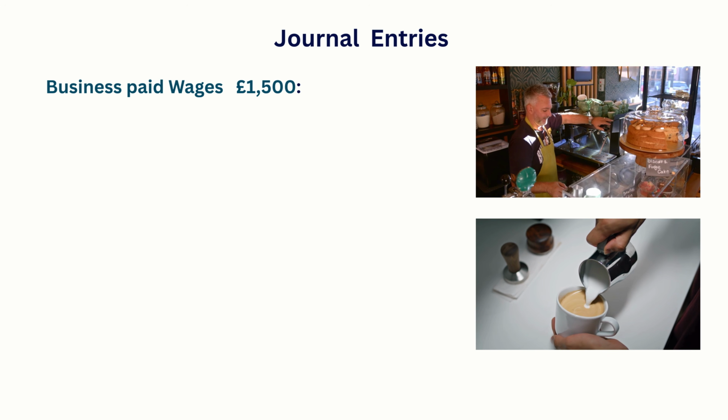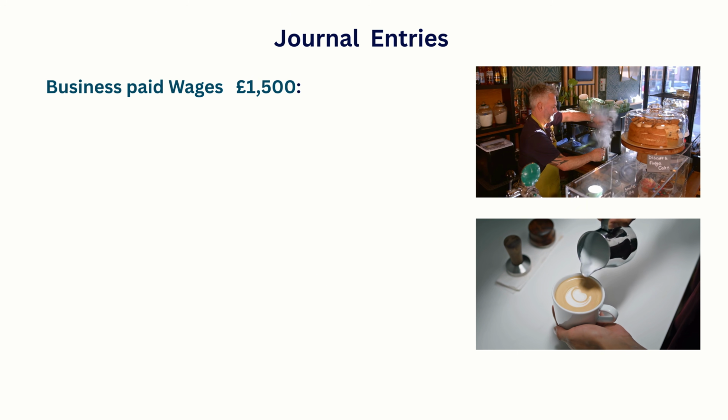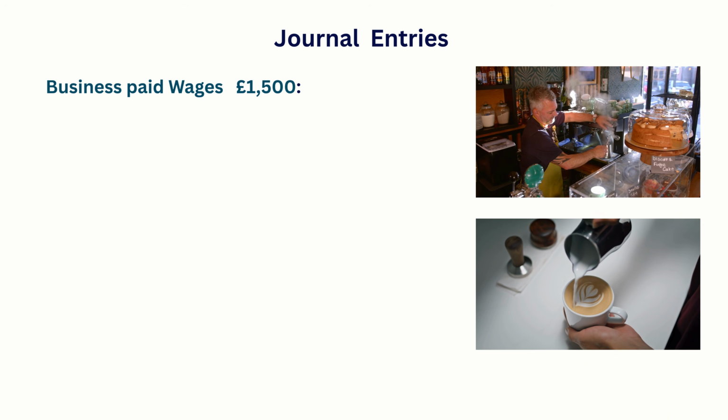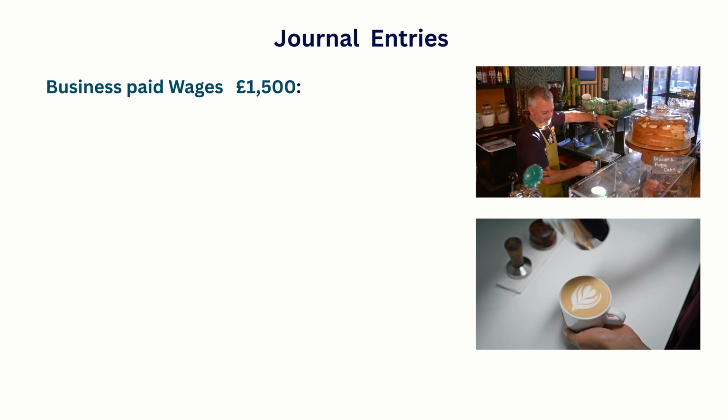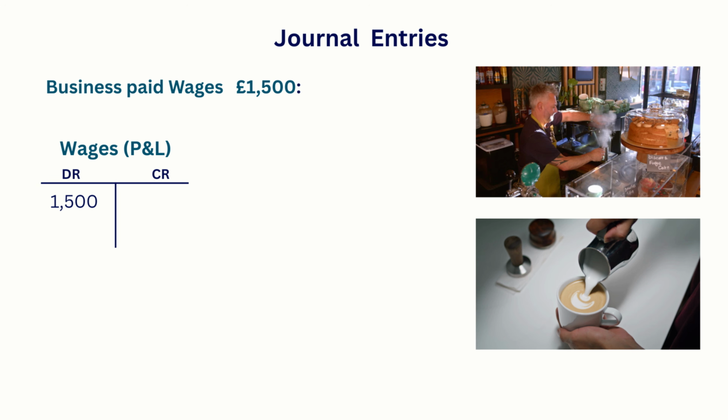Now let's look at the transaction, wages paid of £1,500. The business has paid employees for their work, for example, baristas working in the coffee shop. This is a cost of running the business. Let's apply double entry. We debit wages expense because expenses increase, and credit cash account or bank because cash is decreasing.